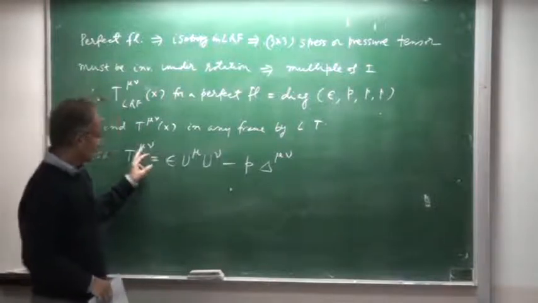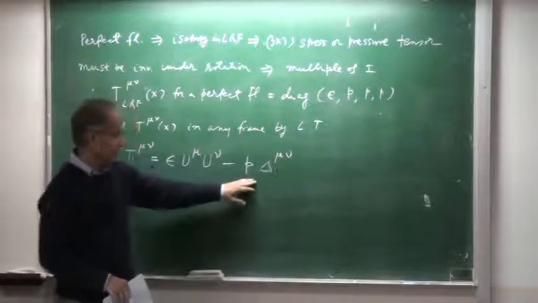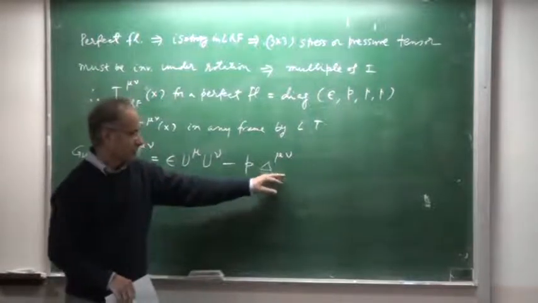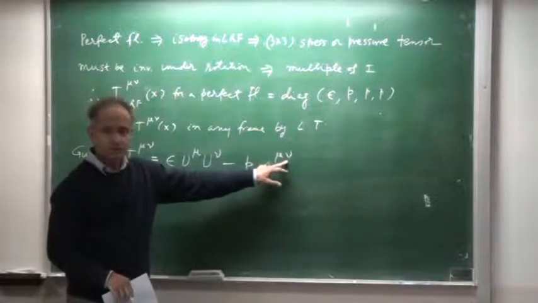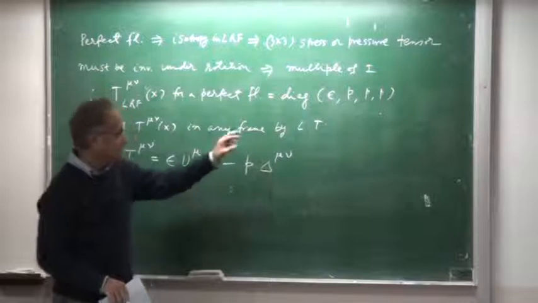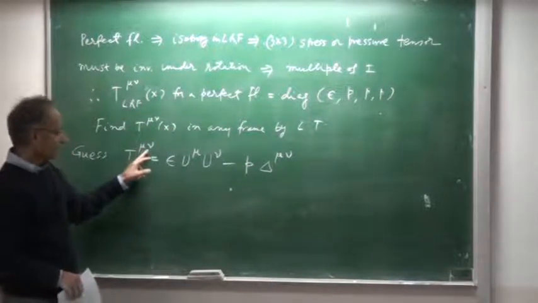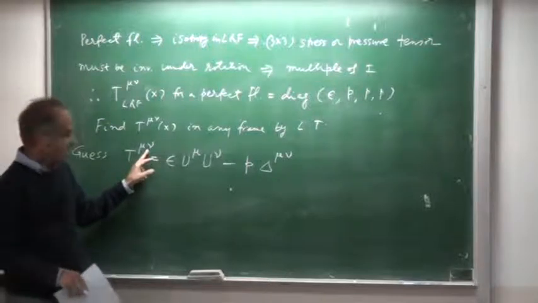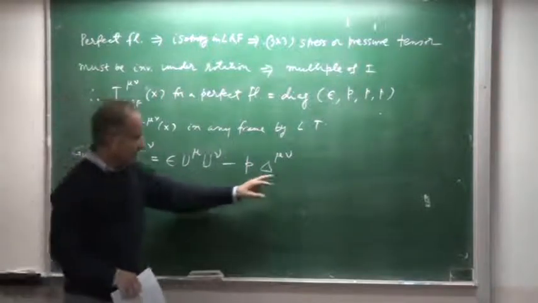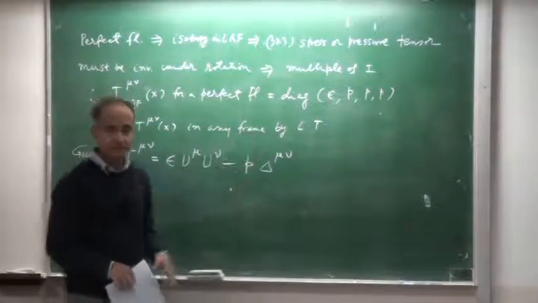Suppose you take T^{00}, this will give you epsilon, and what will this give? What was delta^{00}? In the local rest frame it was 0, so this doesn't contribute. You're left with only this. Now let's talk about T^{11} in the local rest frame. This will not contribute, but this delta^{11} is -1, so you get P there.